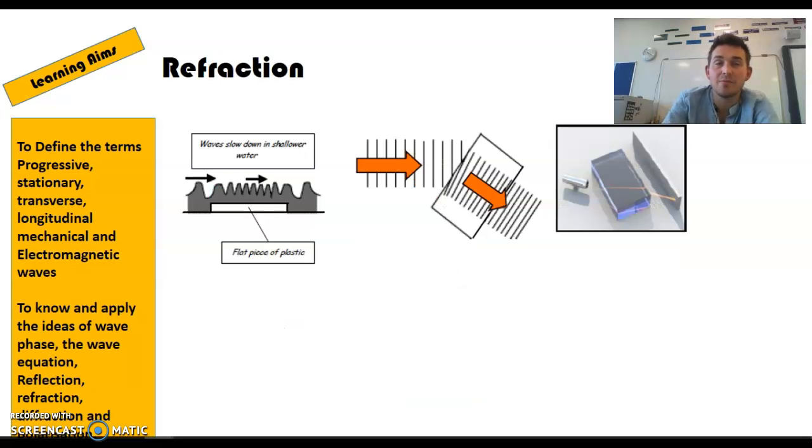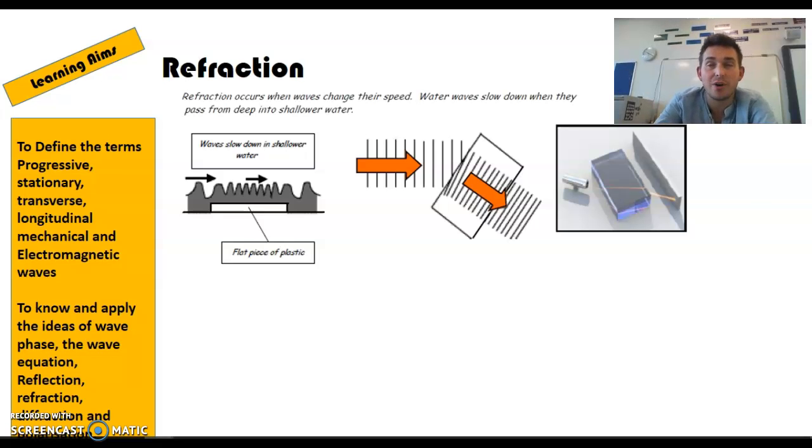Refraction. This is really due to the slowing down of a wave in one medium when that disturbance then translates to another medium. So if the wave changes speed, then it will inevitably change its wavelength. The frequency won't be changed because the rate at which a disturbance is happening will stay the same, so it will change its effective wavelength, which will then change its angle as it enters another medium.